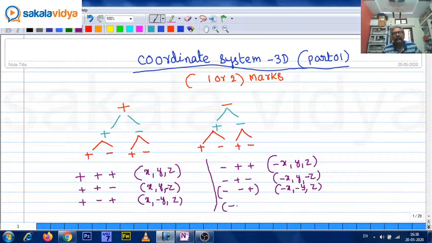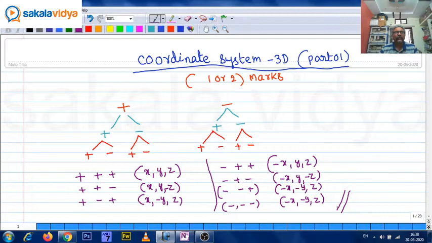Next we have all negative signs, minus minus minus: minus x, minus y, minus z. So in space we have these combinations: (x, y, z), (x, y, -z), (x, -y, z), (-x, y, z), (-x, y, -z), (-x, -y, z), and (-x, -y, -z).